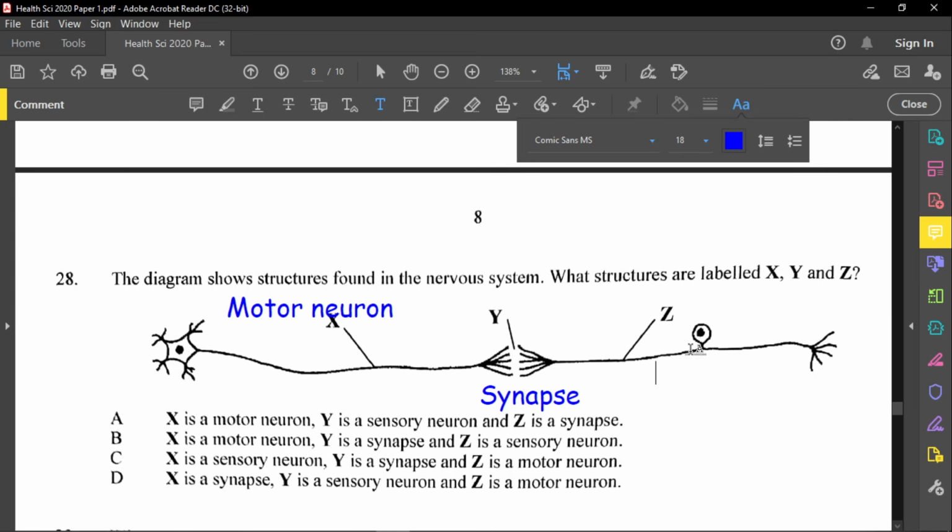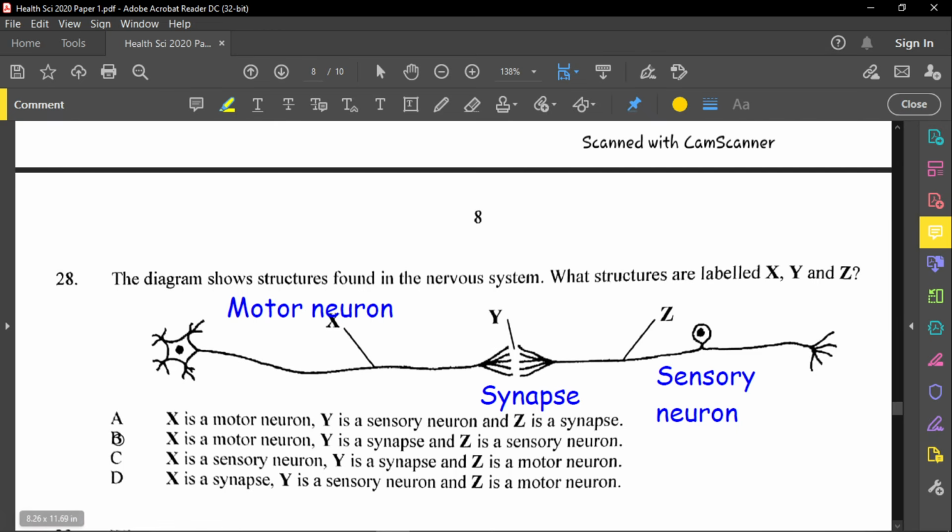The cell body is at the side of the neuron, so it is the sensory neuron. Easy way to remember it. So the option containing these in this order is option B: motor neuron, a synapse, and a sensory neuron.